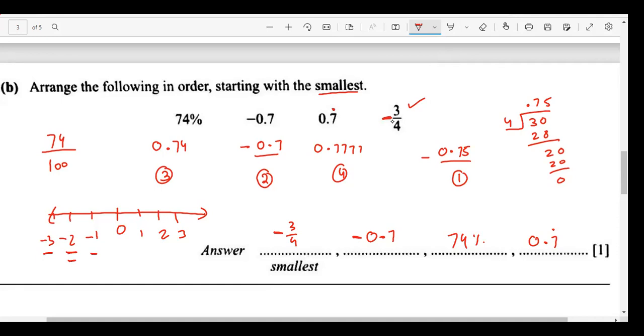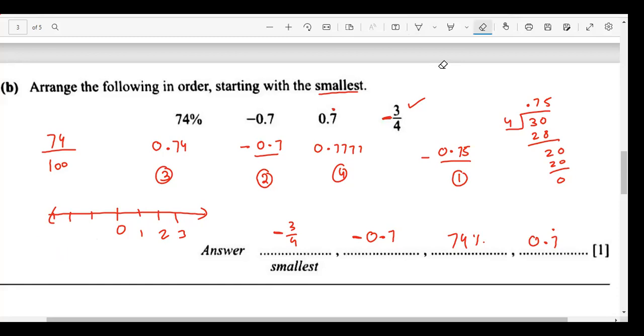Yes, you would get used to it. Don't worry, it's simple. Negative 10 is smaller than negative 5. Just get used to the number line and imagine if you have two numbers, for example, negative 0.75 and negative 0.7. So negative 0.75 would be written on the left side of 0.7.